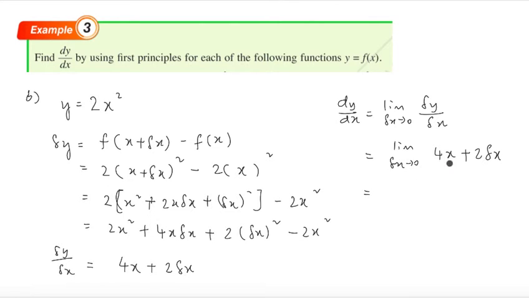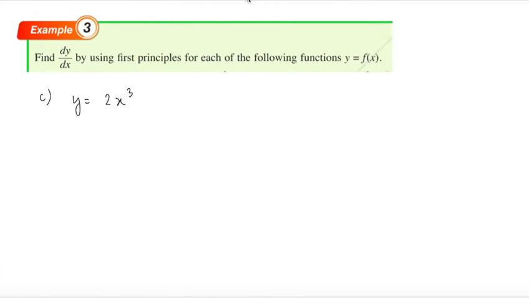When you substitute here, you don't need to write limit anymore. Okay, here 4x plus 2 times 0. So the answer equals 4x. 4x is dy/dx, the gradient of the function 2x squared. Okay, this is almost the same example as in your textbook, but I use a different example. I use 2x squared. Okay, now let's see number C.